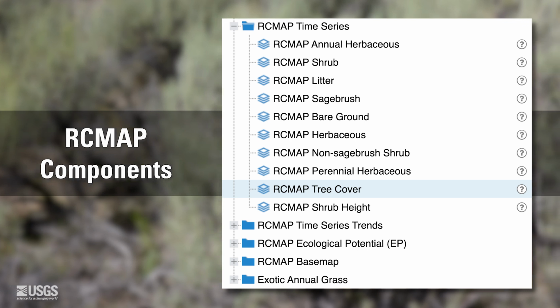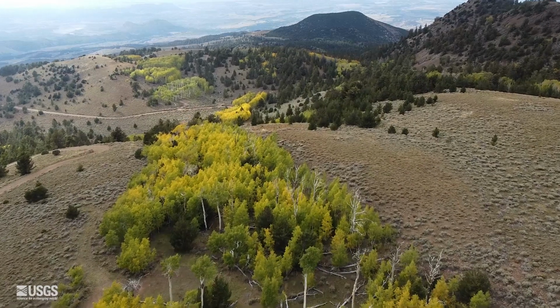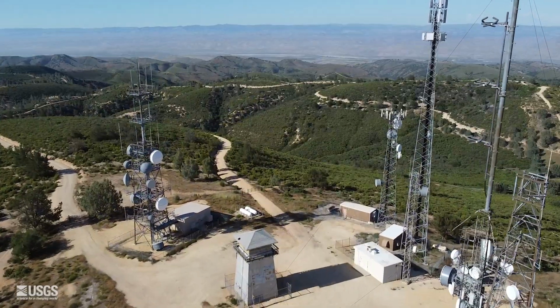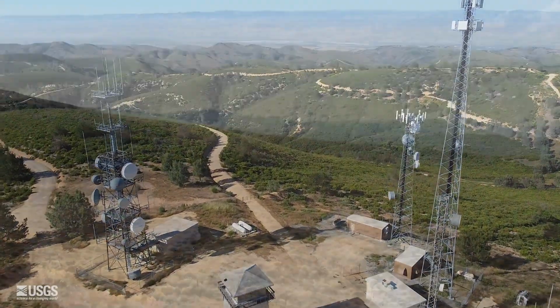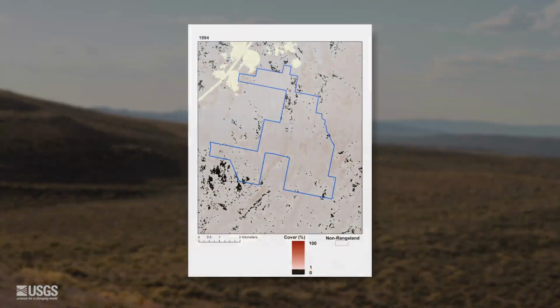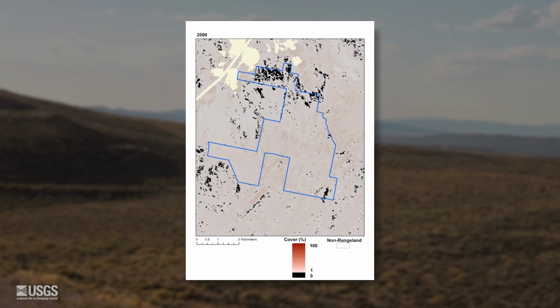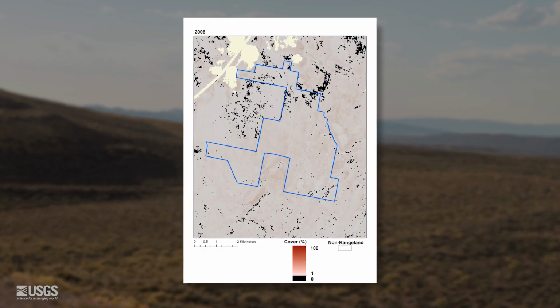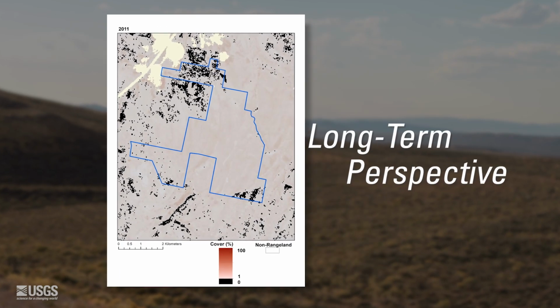These components are designed to capture subtle changes related to climate, land management practices, and other disturbances. Many of these changes can evolve over long time periods and have varying impacts to RCMAP components, necessitating the long-term perspective.